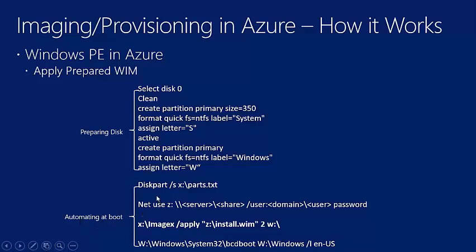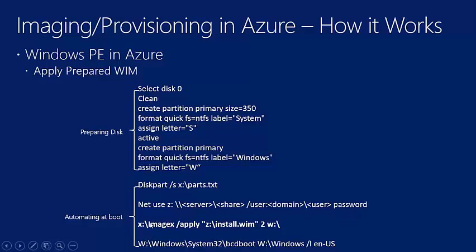Then I'll create basically an automatically booting file, autolaunch.bat in my case. And what happens is I will call diskpart, referencing this file. So the very first thing that happens is we run through diskpart and apply that file. Then I'm going to use net use to create a link to my share that contains my imaging WIM, right? So Z drive, now got to know the drive letter that I'll be using. So I'm going to map Z to this location.